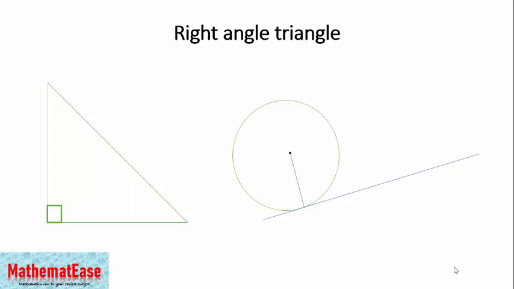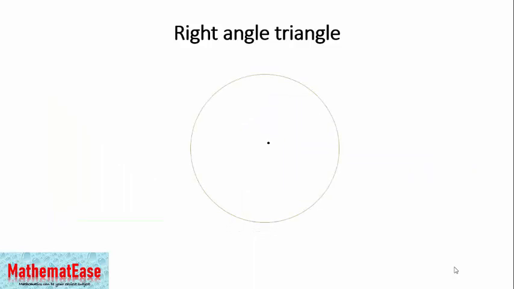Note that the examiner will not write the sign I explained earlier to show that the two lines are perpendicular. But anytime you see a circle with a radius, and a line tangential to that circle, the angle between those two lines is 90. So the triangle that forms from this shape is a right angle triangle.